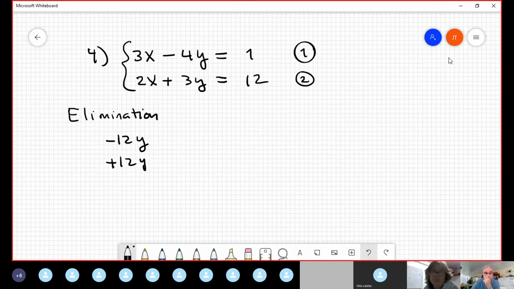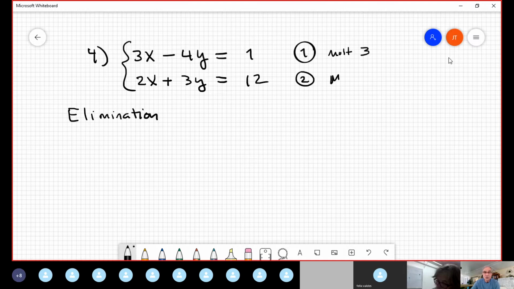I take advantage when there's the same number, or when there's opposite sign, for elimination. In this case, we have opposite signs, negative and plus. So I propose to multiply equation 1 by 3 and equation 2 by 4. The idea is 3 times -4 is -12 and 4 times +3 is +12. Is this the only possibility?